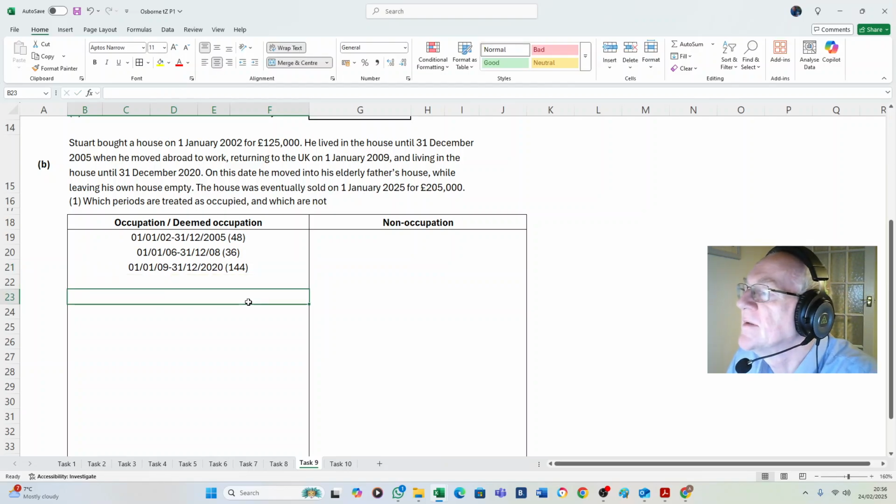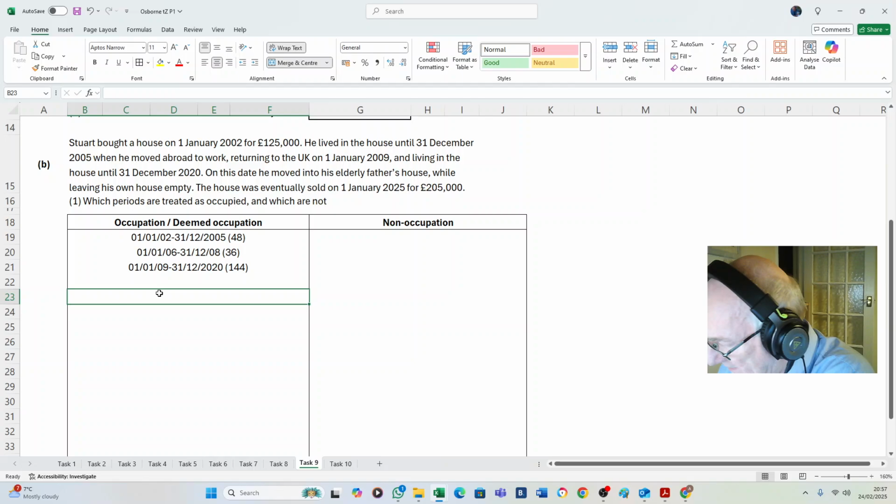And he's moved into his father's house, left his own house empty. House was eventually sold. Okay, so we'll leave a gap there and then work it out, because the last 9 months is deemed occupation. Eventually sold on the 31st.